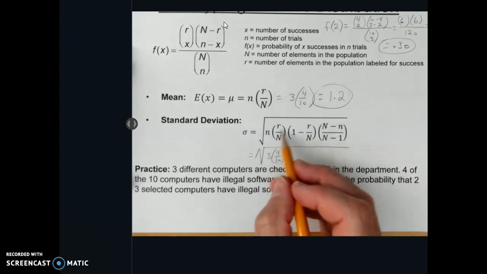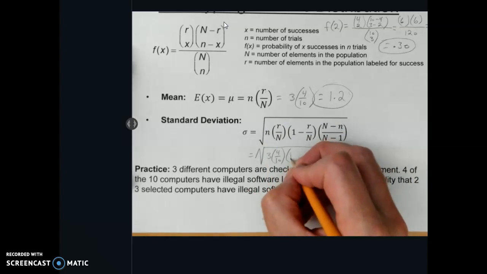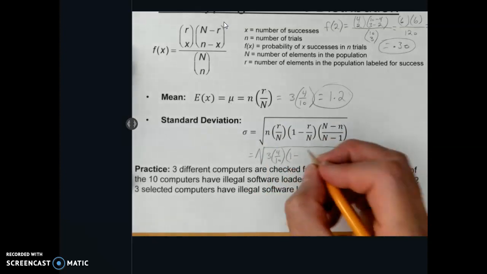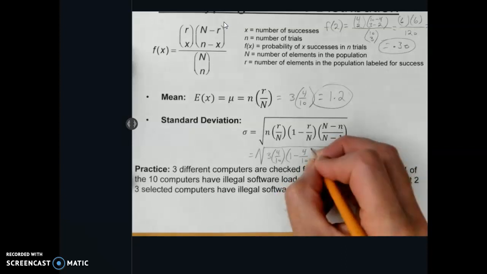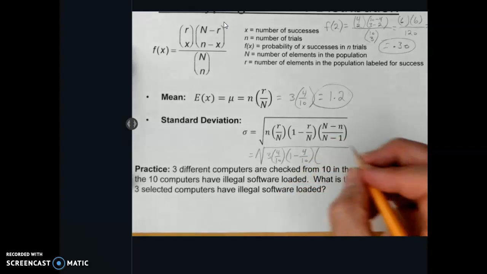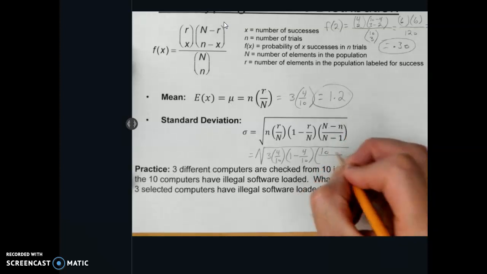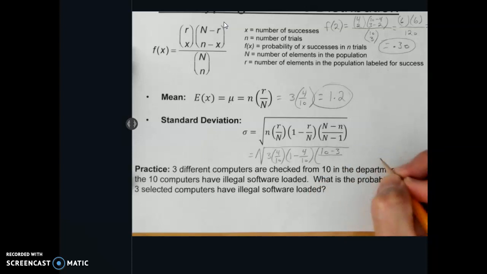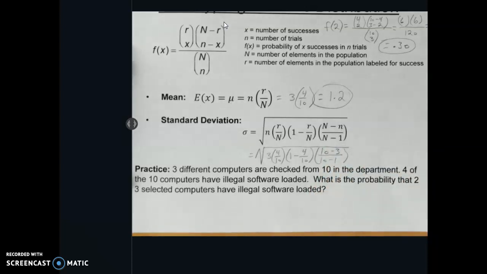Of course, this is what we just calculated, 1.2. We're going to multiply that by 1 minus the successes in our population over the total population. And we're going to multiply that by the numerator here, total population minus the sample population over the total population minus 1.